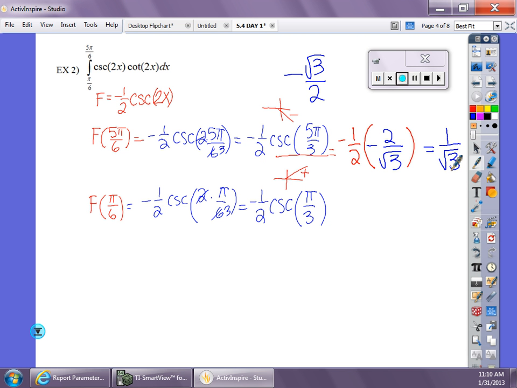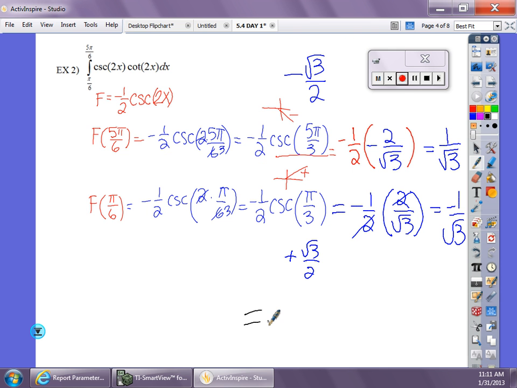Okay? Second part, we get negative 1/2 multiplied by the sine of pi over 6 would be positive root 3 over 2. Therefore, I flip 2 over root 3. And we get negative 1 over root 3. And so the final answer for this guy would be 1 over root 3 minus negative 1 over root 3.